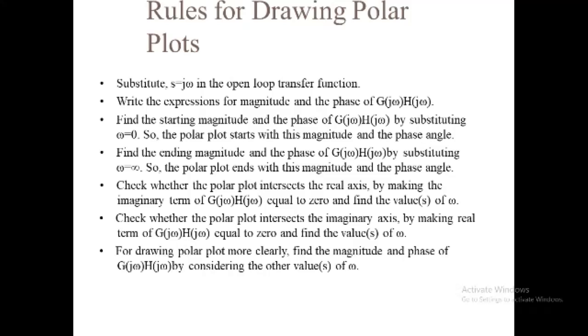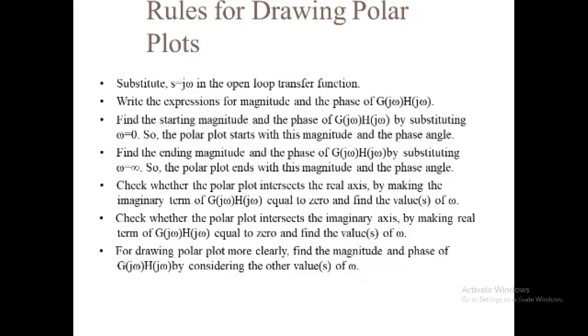So the first step is to substitute s equals jω, that is frequency domain analysis. We have to put the value of s as jω in the open loop transfer function. After that, write down the expressions of the magnitude and phase of G(jω)H(jω), meaning the product of G(jω) into H(jω).